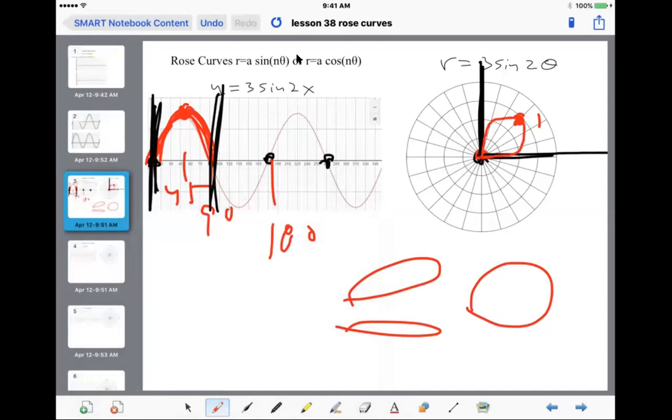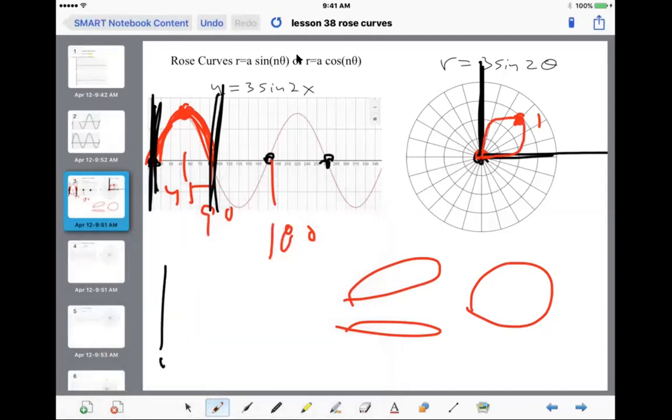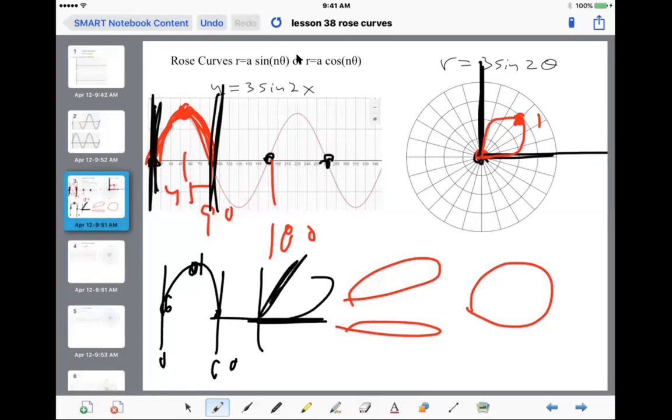But just because it's going to be happening soon, if this thing was a skinnier curve and it was from 0 to 60 degrees for whatever reason, and this was 30 in the middle, what that would cause is I have to fit my loop between 0 and 60 now, so it would be like a skinnier petal.